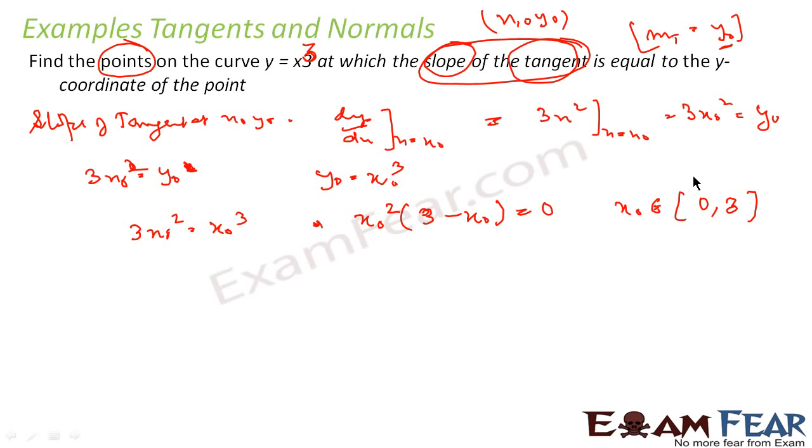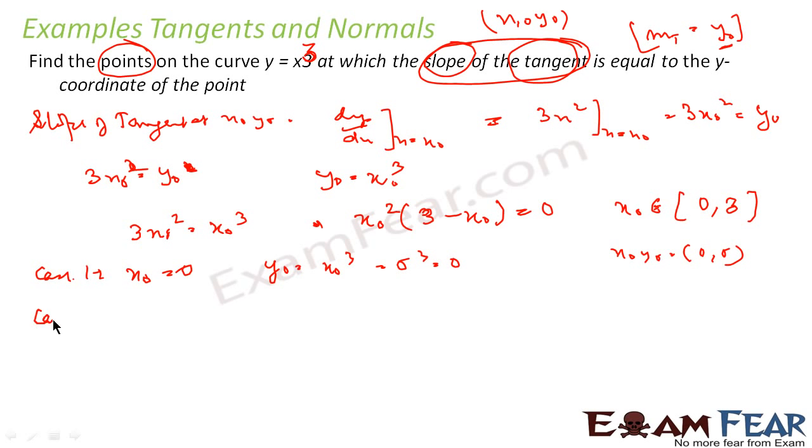I have the value of x naught, I have to find x naught, y naught actually. So let's find the value of y naught. So case 1. In case 1, my x naught is equal to 0. My y naught is nothing but x naught cube, that is 0 cube, that is 0. Correct? So my x naught, y naught is 0, 0 in this first case.